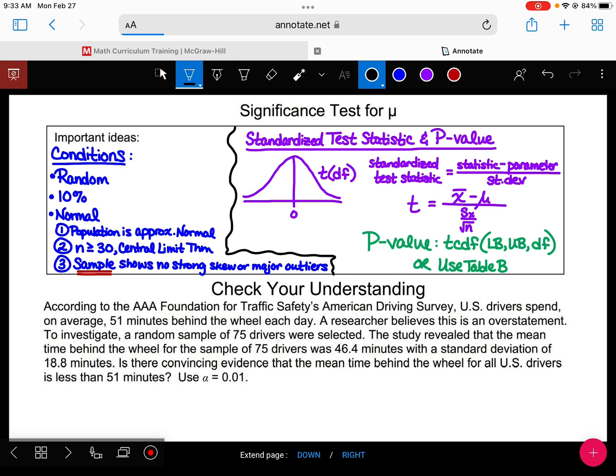And you would use that to find your tail probability. Calculator is going to be worlds easier than using the table. Calculator is also far more precise.